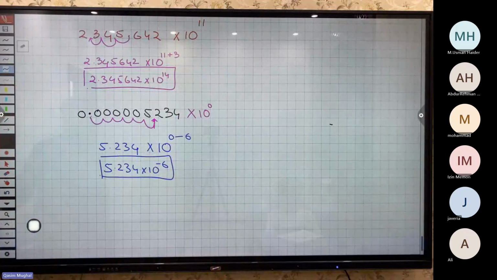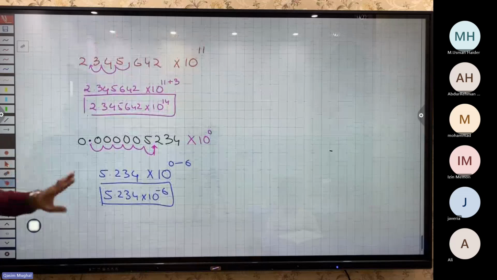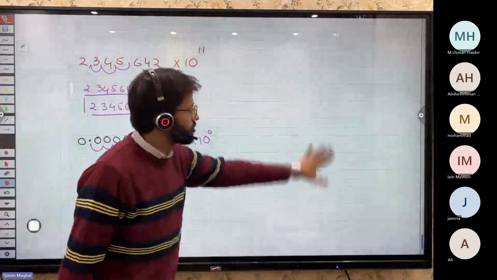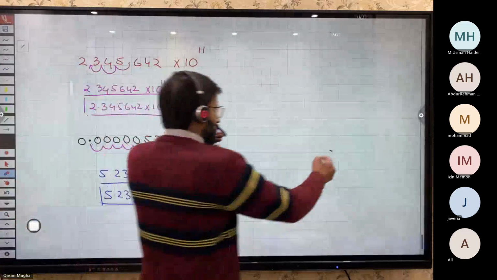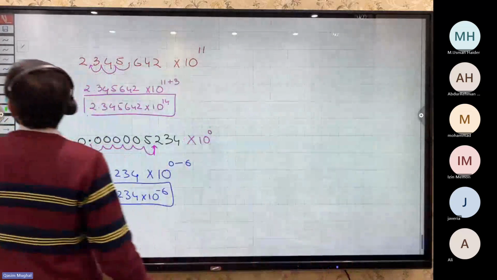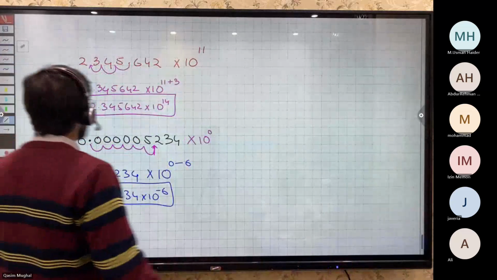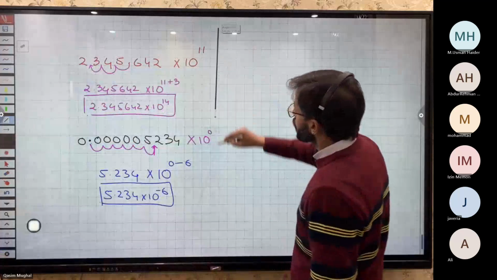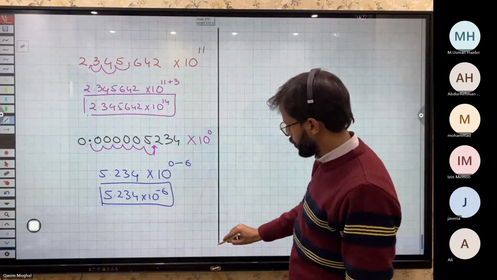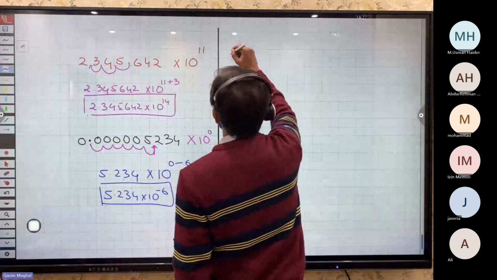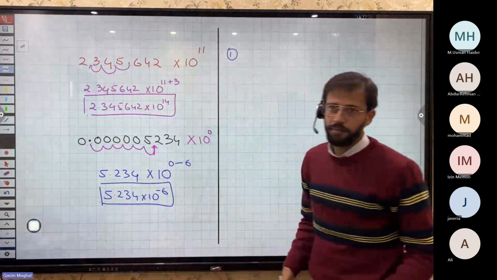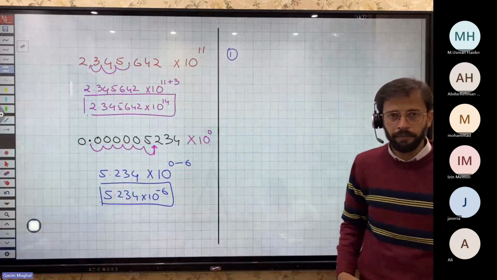I'll leave this information here for you because I'm going to give you a couple of questions to practice right now in the class. I'm giving you different numbers which are not in standard form.